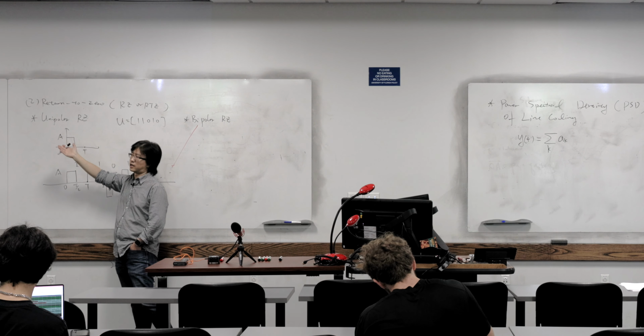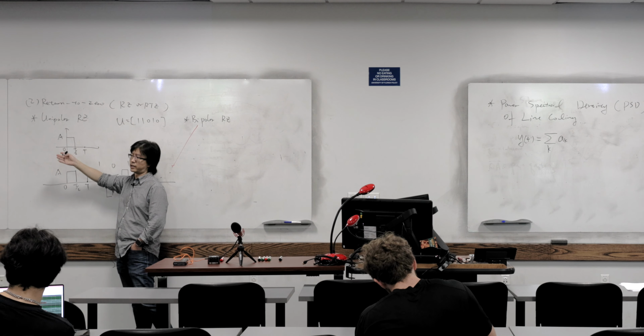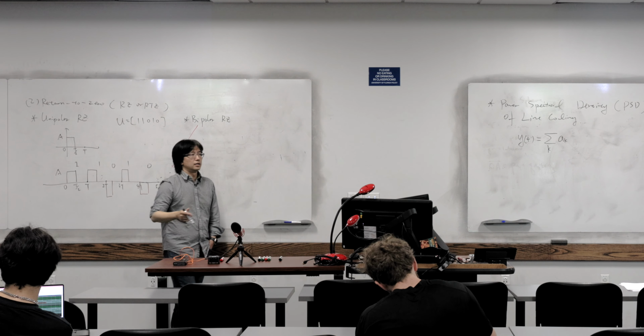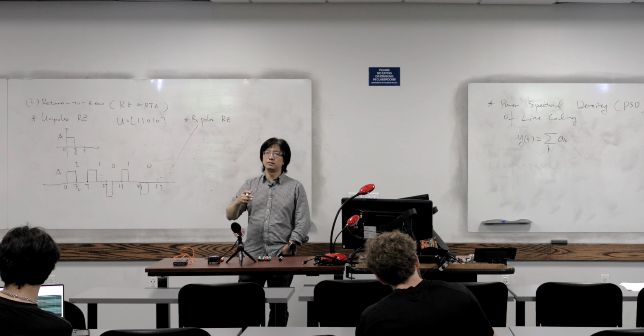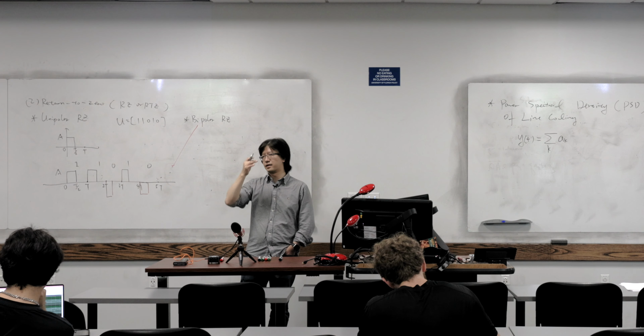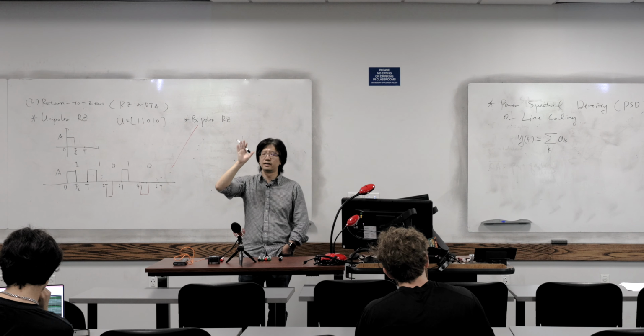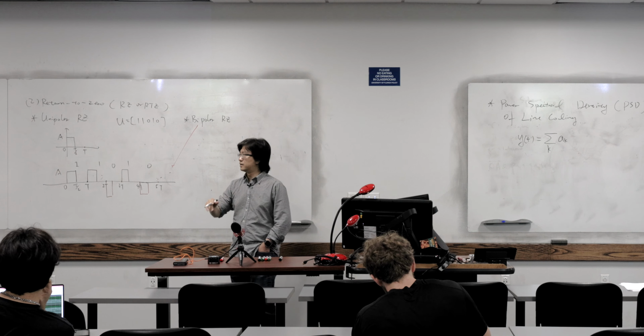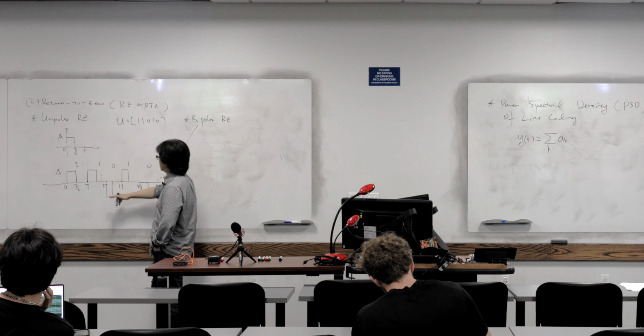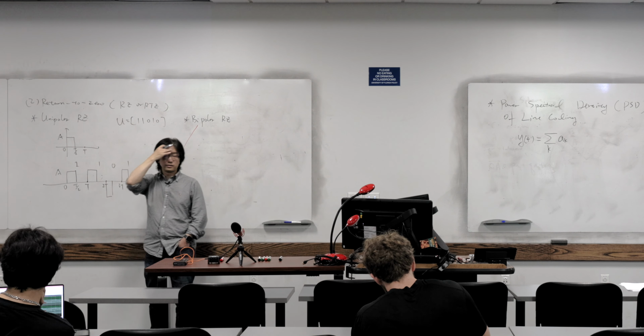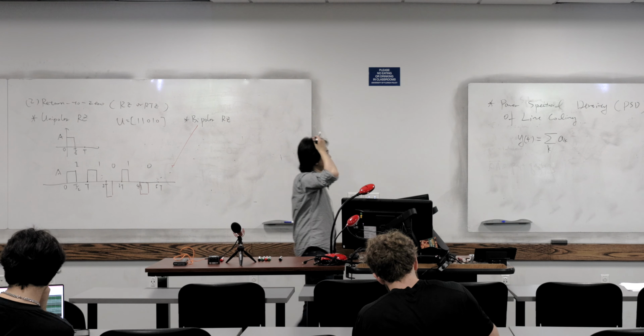In our case, AK is just 1 and minus 1. In practice, if it's not binary, AK can be whatever; it doesn't have to be 0 and 1.